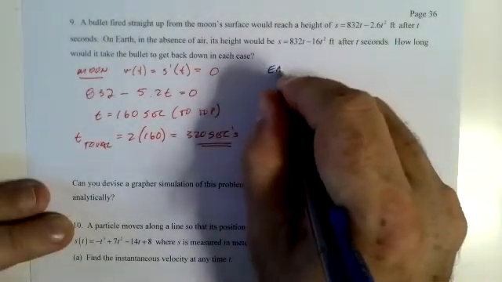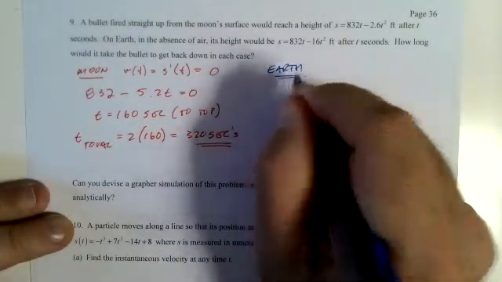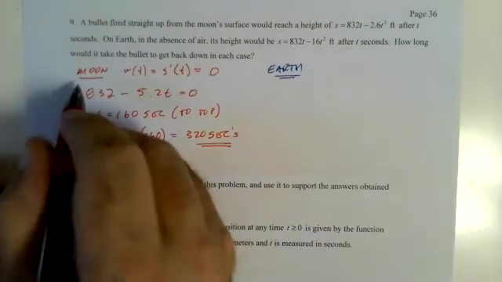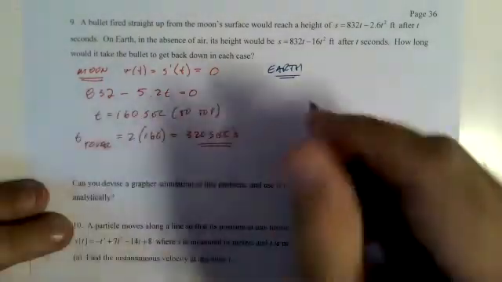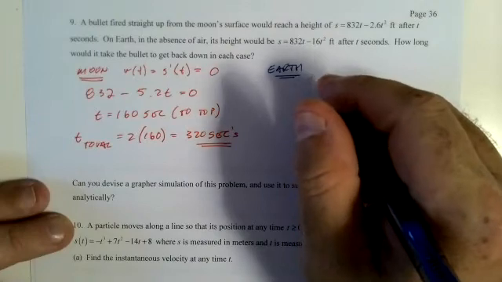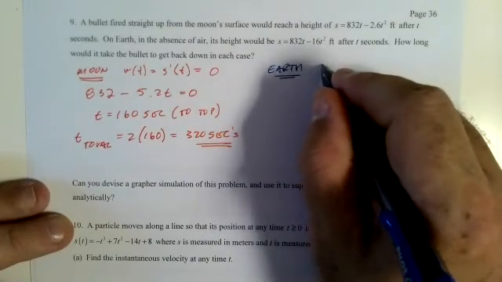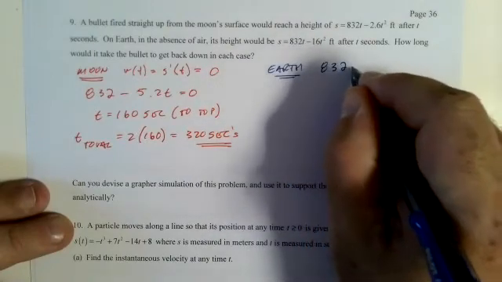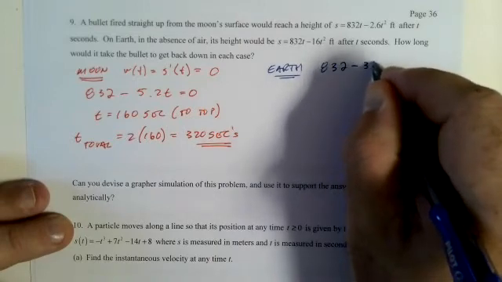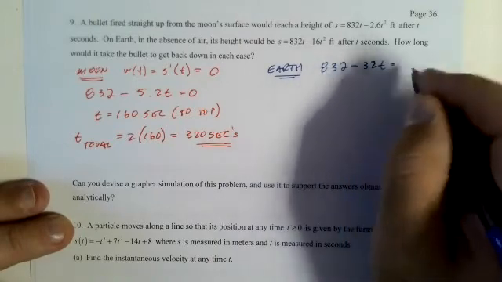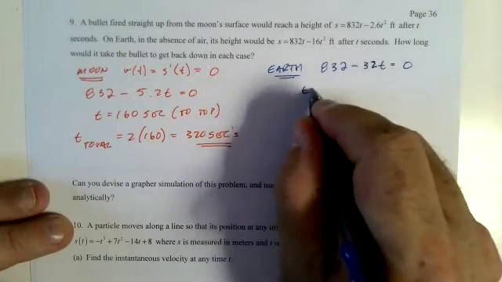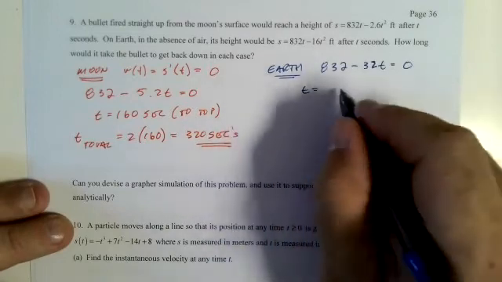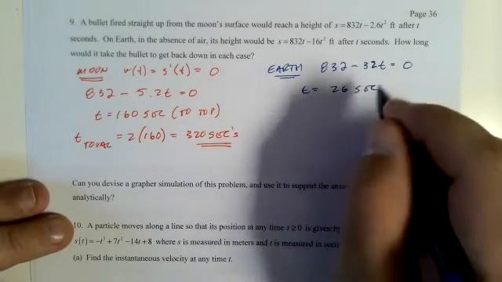On the Earth, we would say 832 minus 32 t equals 0. T equals 26 seconds.